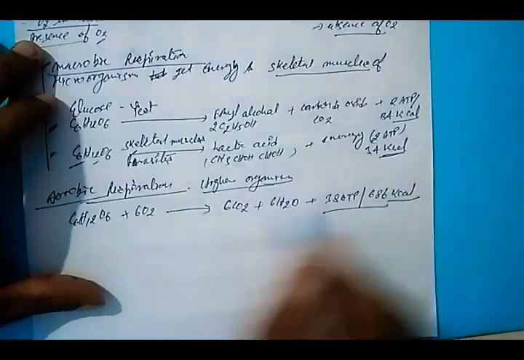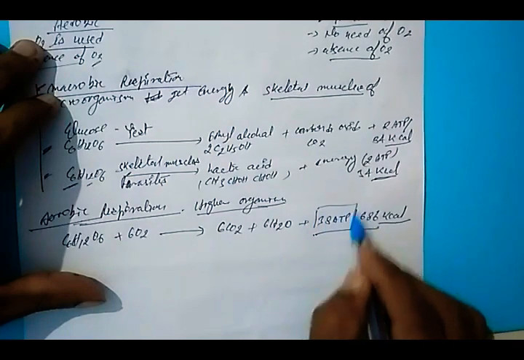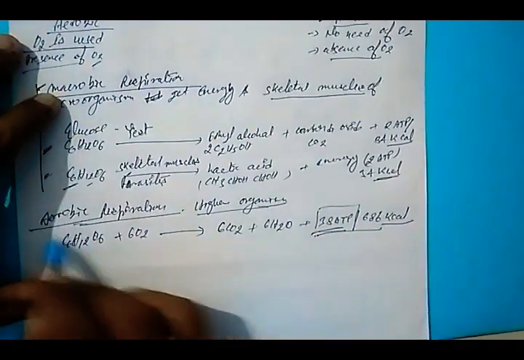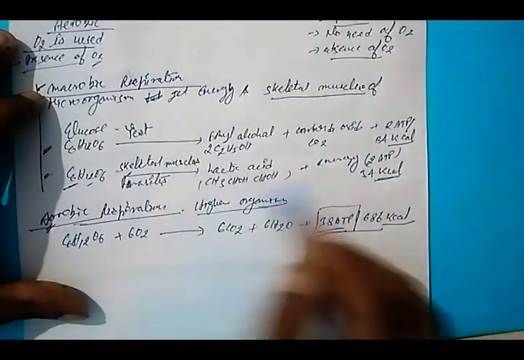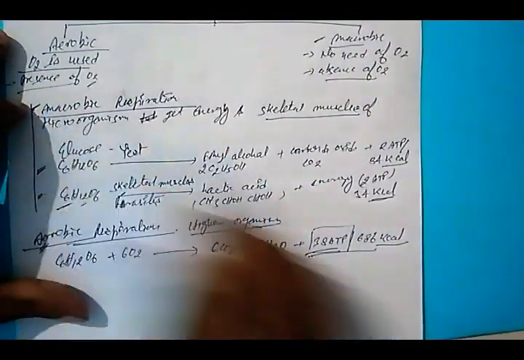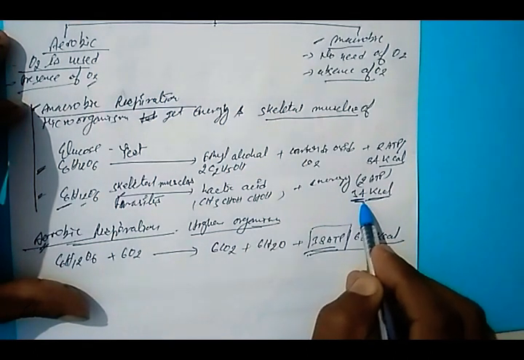Here is a big difference. A high amount of energy is produced during aerobic respiration. In comparison, in anaerobic respiration there is a small amount of energy, about 34 kilocalorie only, produced.